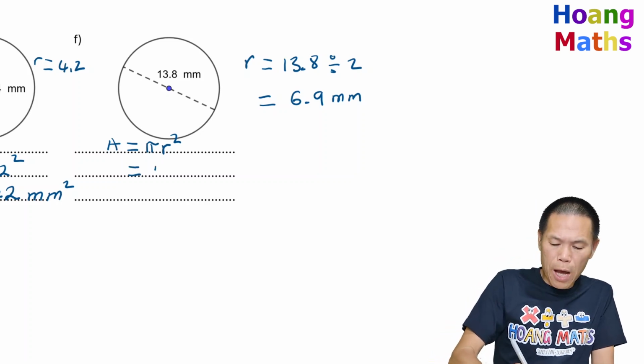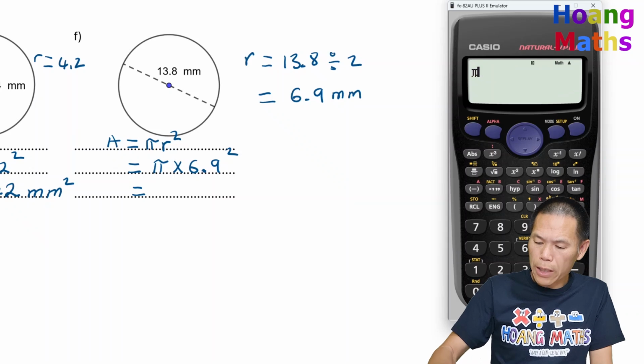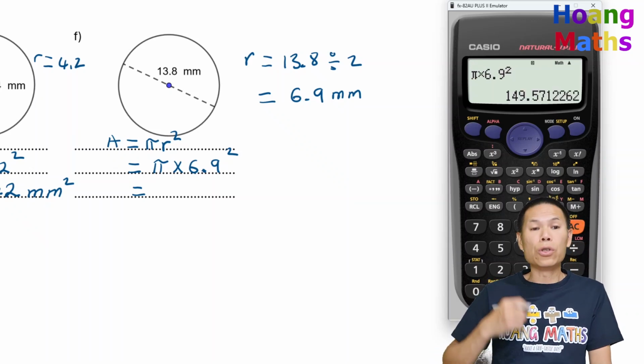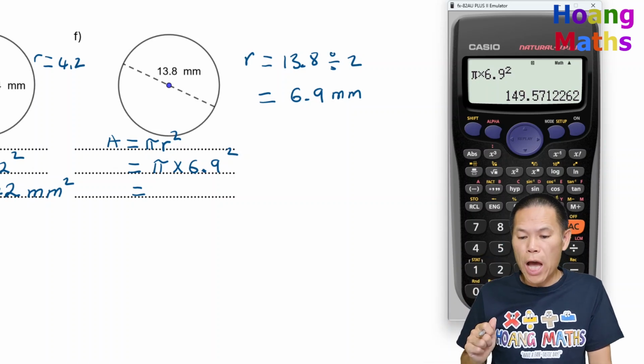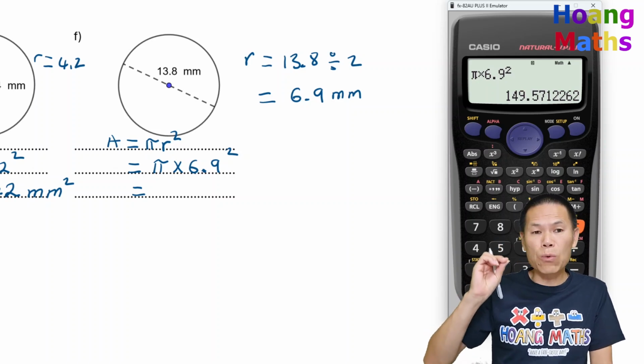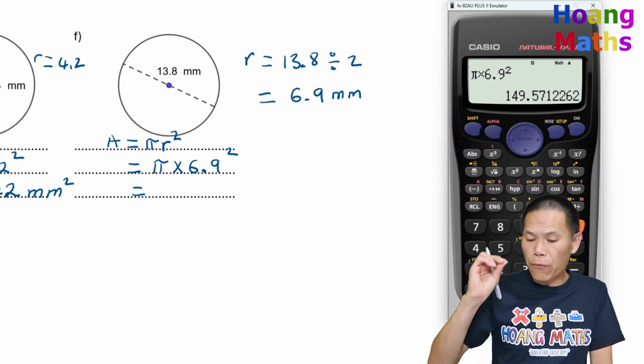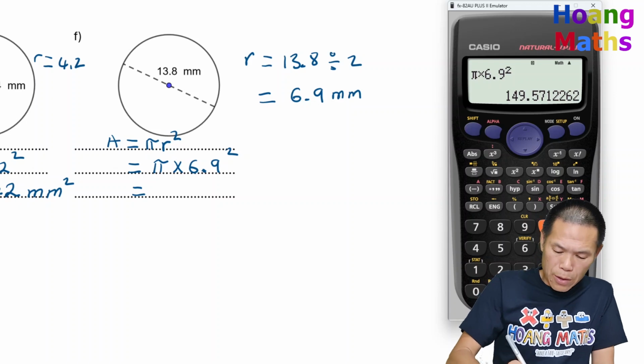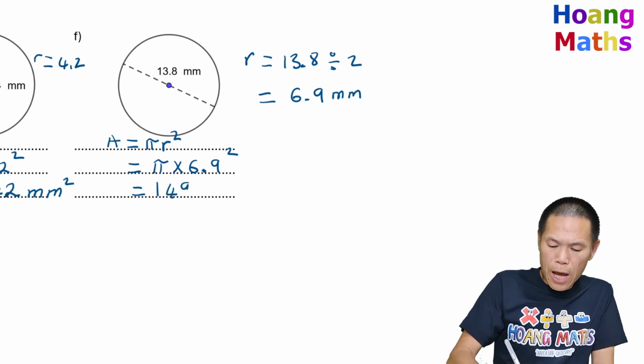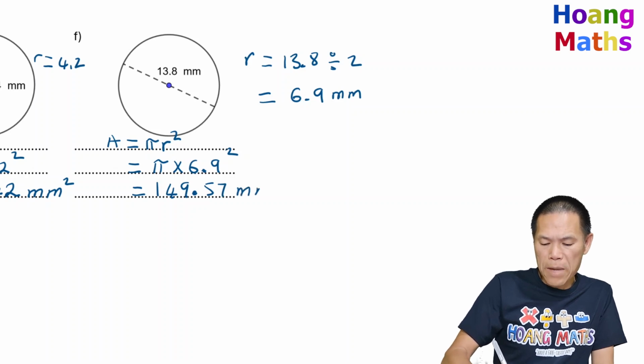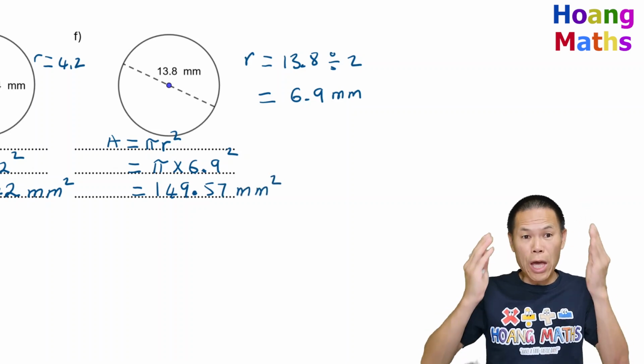So it's equal to pi times 6.9 squared. So there you go, 149.571. After 7 is 1. So we just write 149.57 square millimeters. So there you go.